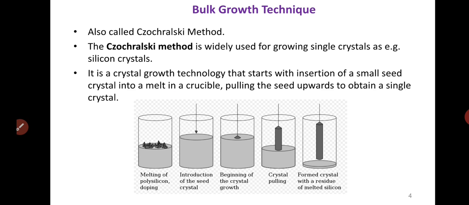And finally, these wafers undergo chemical mechanical polishing method so that the mirror like finish will be obtained in wafers.